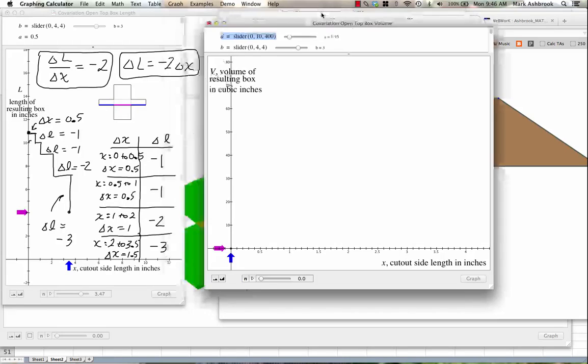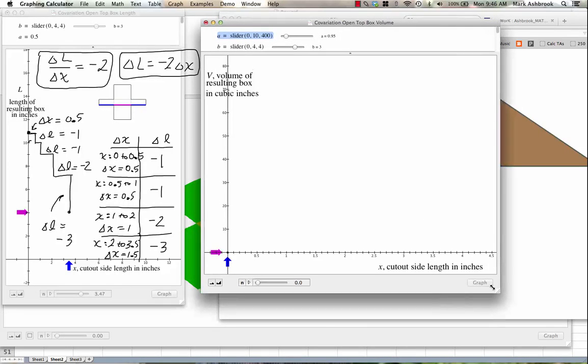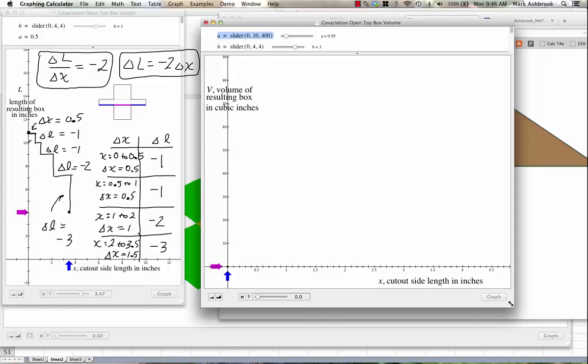So I've got a similar deal here, and now we're going to do the side cutout length and volume. So make our little table over here. Now this is going to take a little more work because our volume formula is a little more complicated.